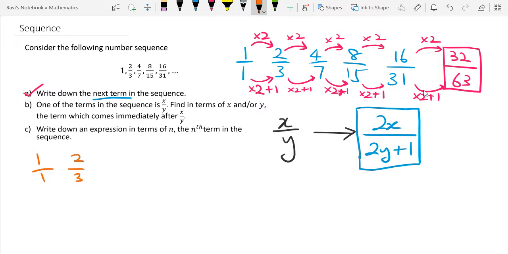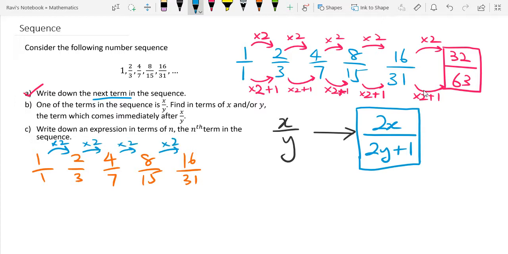Let me rewrite the sequence over here. For the numerator, we will stick to it, since it is a very clear relationship. We will stick with the numerator as 2x. But for the denominator, another possible relationship is that the next denominator is the previous numerator multiplied by 4, subtract 1. 1 times 4 is 4, minus 1, you get 3.